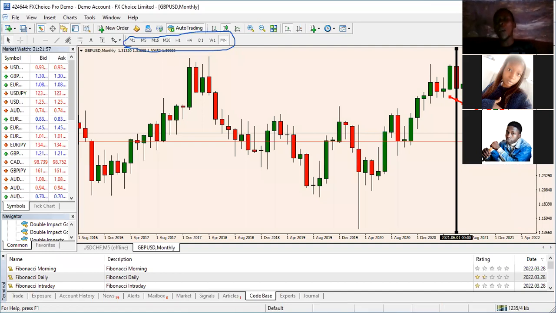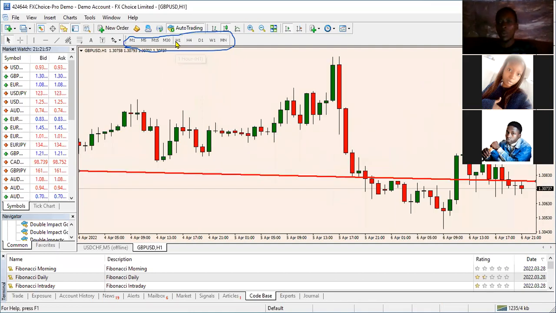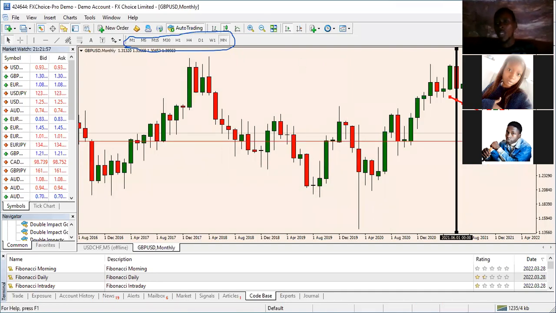So now if I go back to 1 hour, you will see my red line now. Let me go back to 1 hour now. You see it? Yes. You see the red line now, right? Yes. Previously, it wasn't showing because the red line didn't touch the current candle.